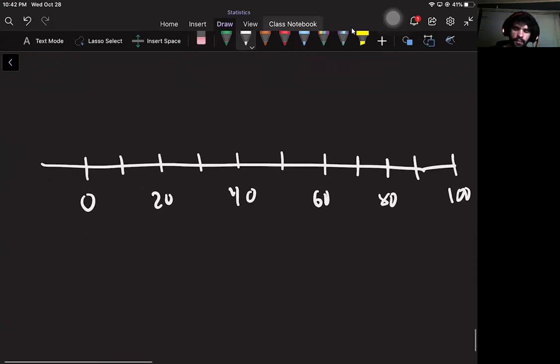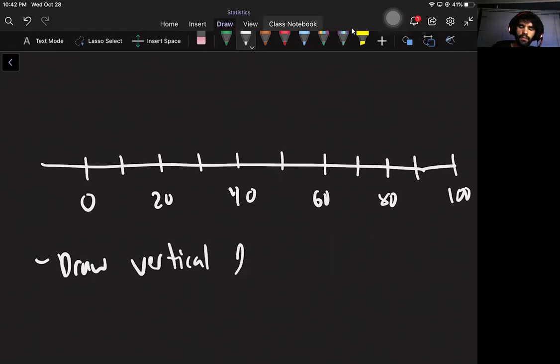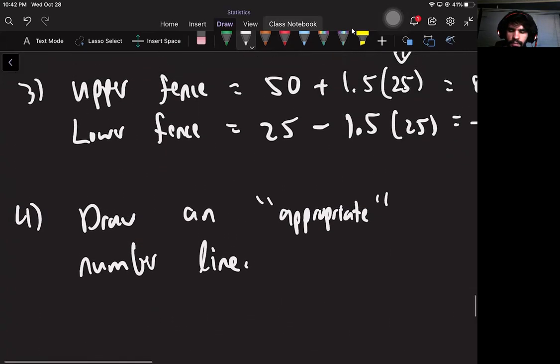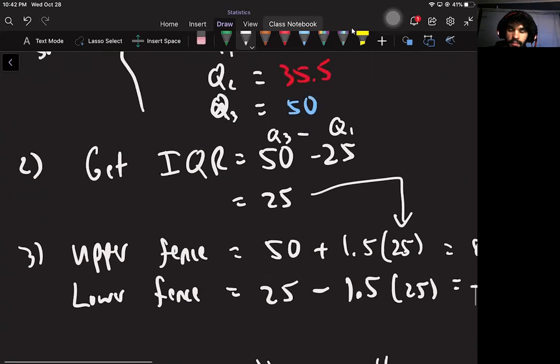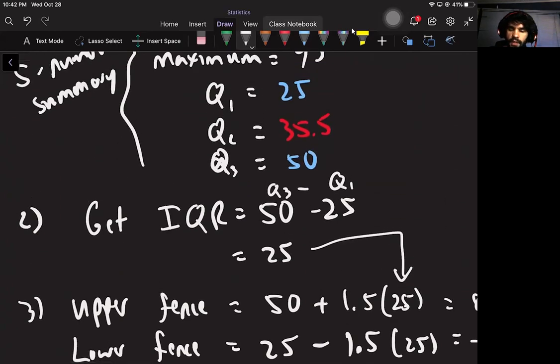Okay, so this is the beginning of the box plot steps. So next we're going to draw vertical lines at Q1, Q2, and Q3. So the idea is that these three vertical lines will give us sort of a box that contains 50% of the data.